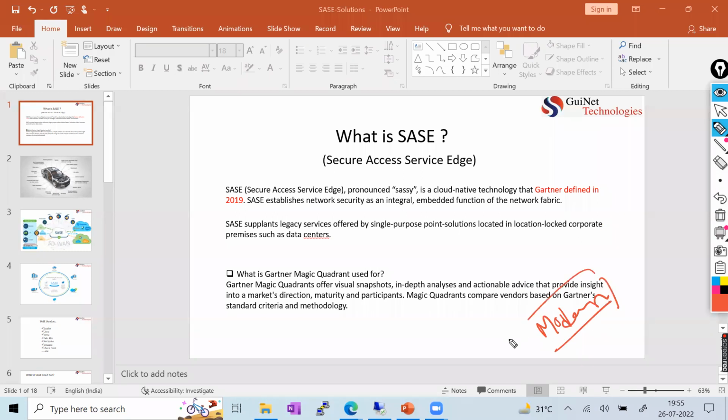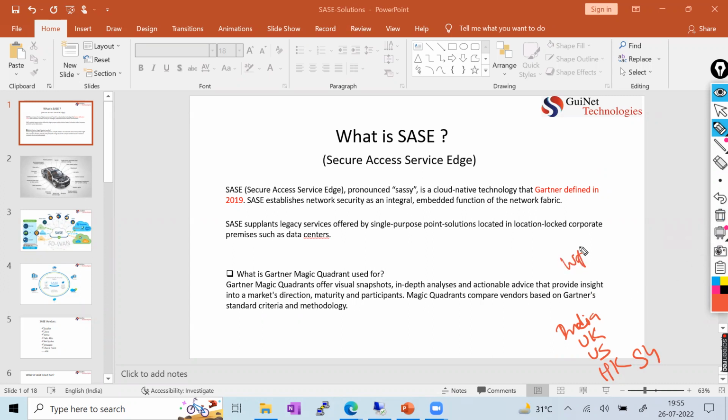If I talk about the modern network requirement, that means my network should be as flexible as possible with regard to location. Where I am doesn't matter. I'm in India, UK, Hong Kong, Singapore, any country, any location.